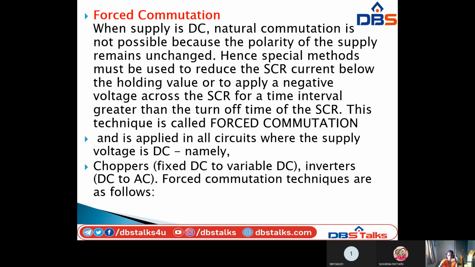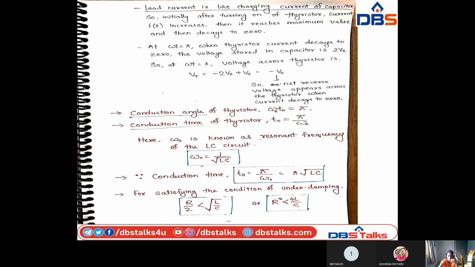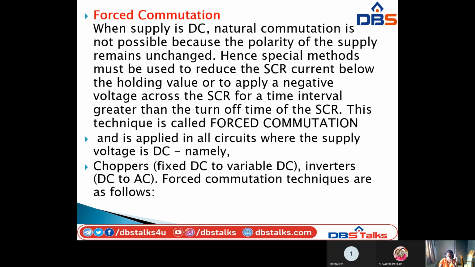In load commutation, by using an RLC load, the SCR current is turned off by the RLC circuit. In forced commutation, to turn off a thyristor, another special force is used. That is why we are using forced commutation.